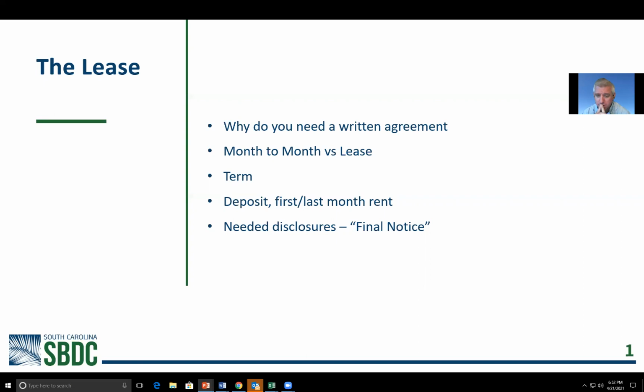I usually do deposit, and I haven't really done a lot of first and last month rent in my market, but I would recommend it. First month's rent is fine because that'll be paid for, but with last month's rent, what a lot of tenants do is they pay the deposit.